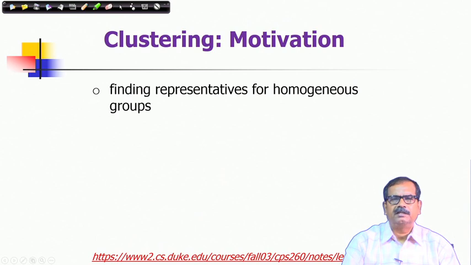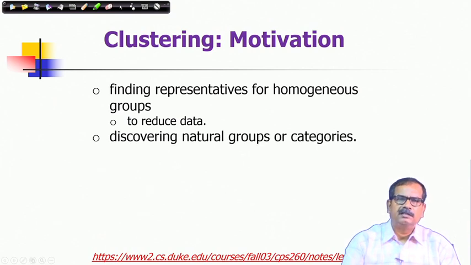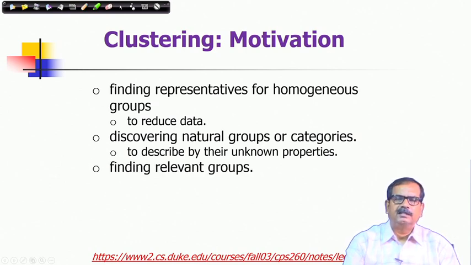We will see different other motivations, like you can find representatives for homogeneous groups, and this would reduce your total data representation. You can represent data by a smaller set of representative samples bearing those characteristics of data. Then discovering natural groups or categories is also another motivation, so that we can describe them by their unknown properties, and finding relevant groups.